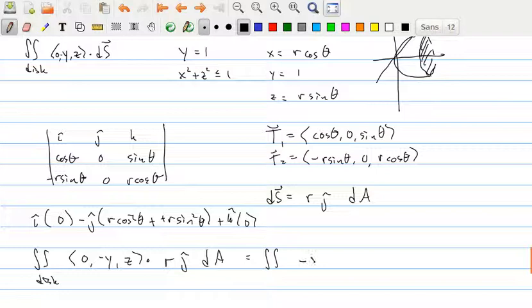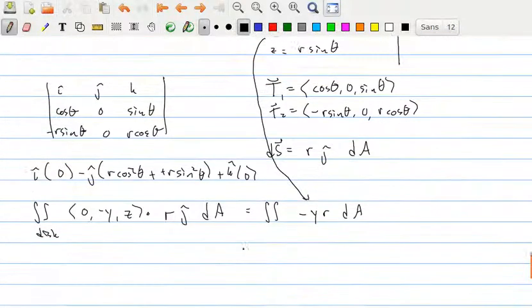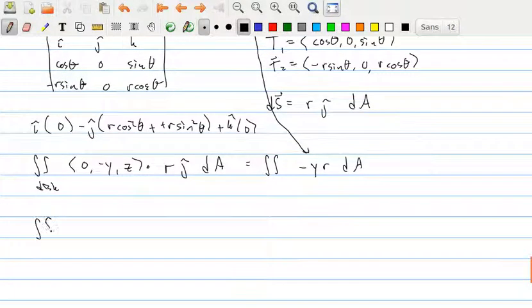We get minus y r dA. Now on this surface, the y on the surface is 1. So we're going to plug that 1 in for our y value. So this gives us the double integral over this disk of minus r dr d theta.